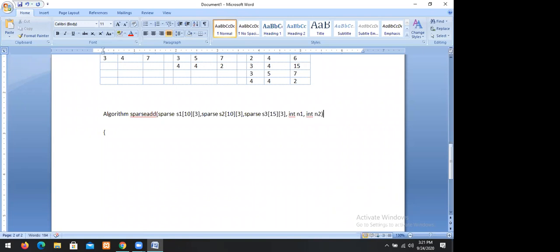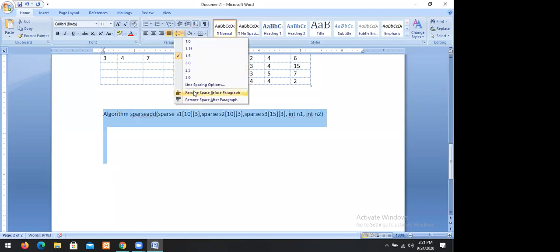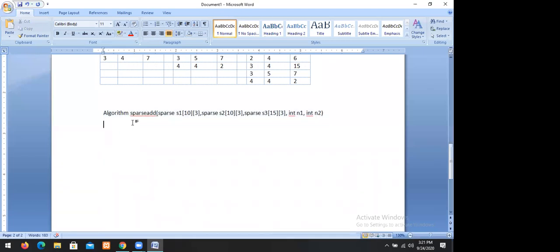Then we require 3 counter variables, i equal to j equal to k equal to 0. All 3 counter variables are initialized with zeros.